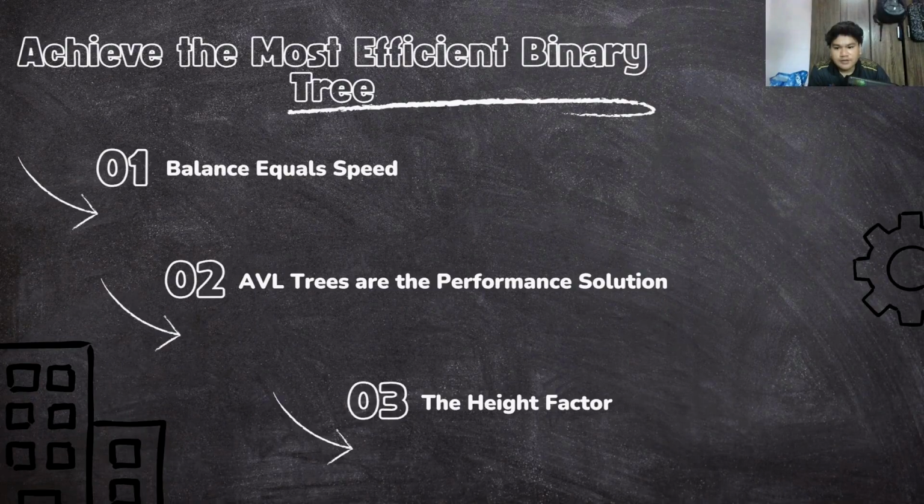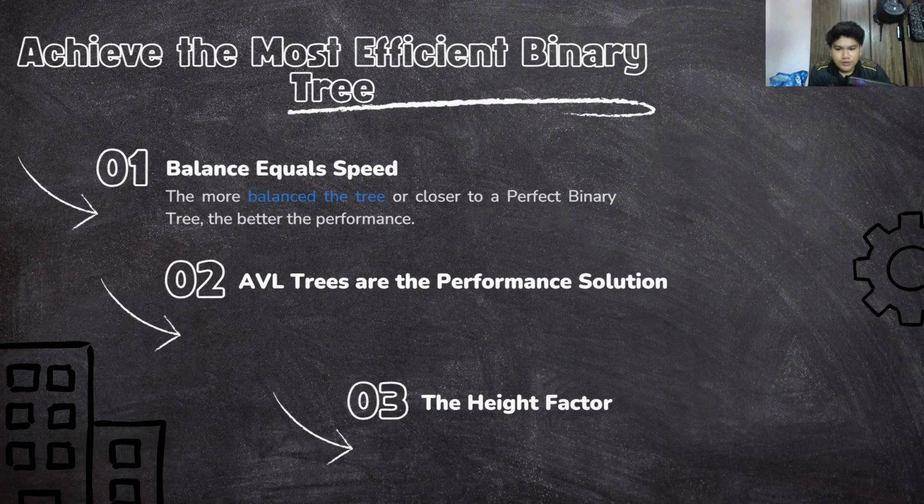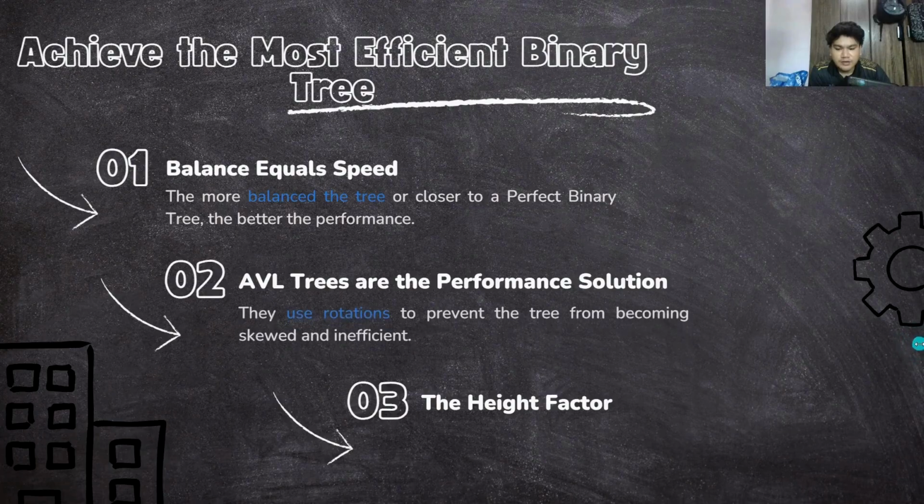Okay, let's look at the ways to achieve the most efficient binary tree. Firstly, balance equals speed. The more balanced the tree, or the closer to a perfect binary tree, the better the performance. Next, AVL trees are the performance solution.